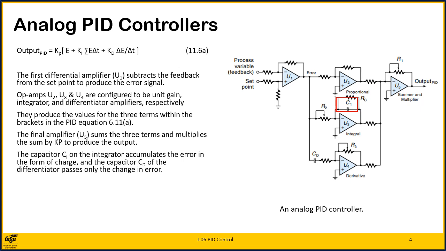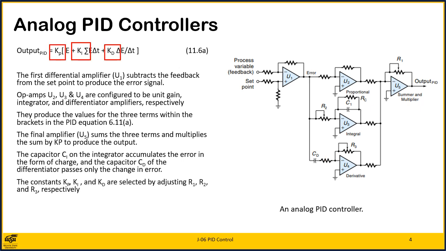The capacitor C1 on the integrator accumulates the error in the form of charge. And the capacitor CD of the differentiator passes only the change in error. The constants Kp, Ki, and Kd are selected by adjusting R1, R2, and R3 respectively.